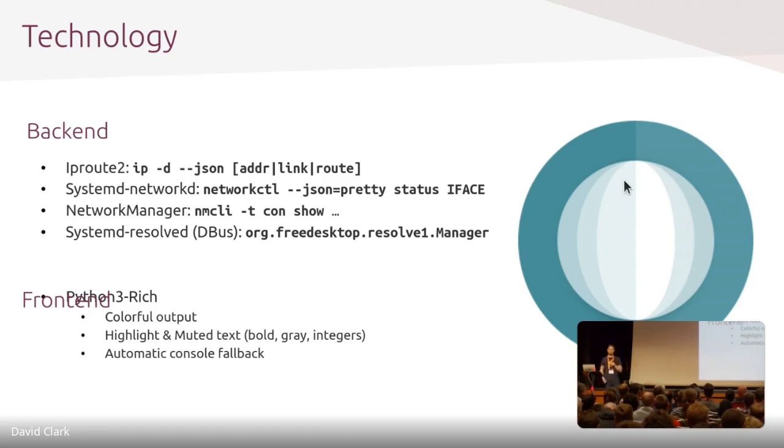Stuff like routes that got added automatically by the kernel or by a background daemon. The front end also has a fallback mechanism: whenever the output is redirected to a file or to a pipe, or on a serial console, it will detect that automatically and fall back to basic black and white output.